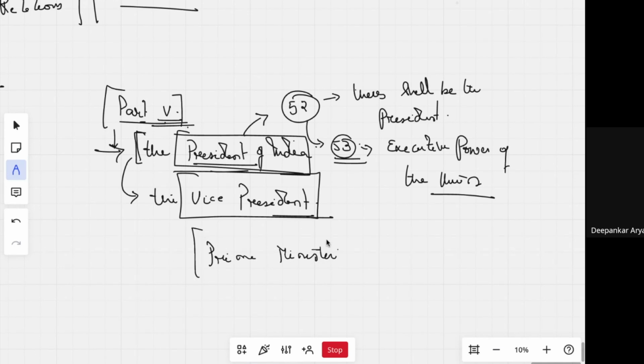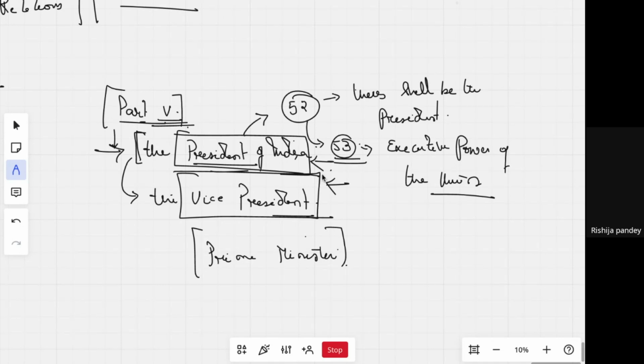If the question comes in terms of hierarchy of position, which position will be the highest? The President of India or the Prime Minister of India? The President of India, sir. President of India.